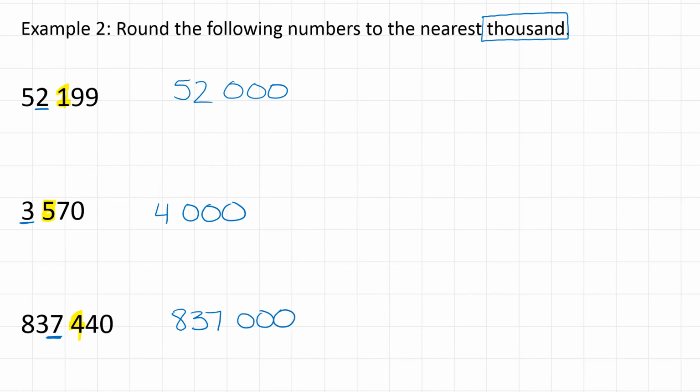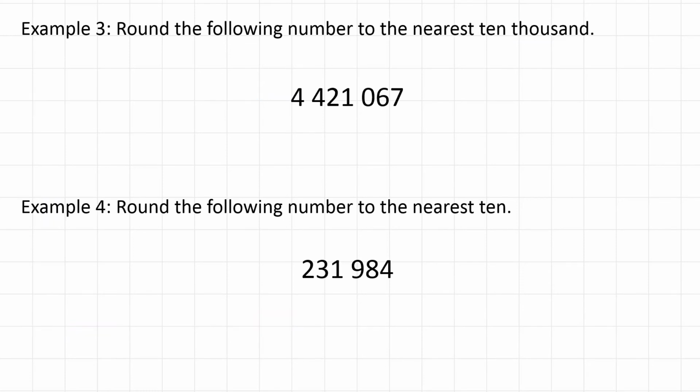Aren't we having so much fun? Let's do a couple more examples. Example 3, round the following number to the nearest 10,000. So once again, I'm going to put a box around that so I don't forget what I'm rounding to. And ooh, that's a big number. So let's say this number out loud. 4,421,067. So the first thing I'm going to do is give myself a pat on the back for saying such a big number. Good job.